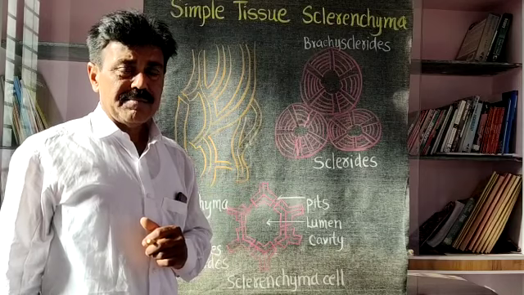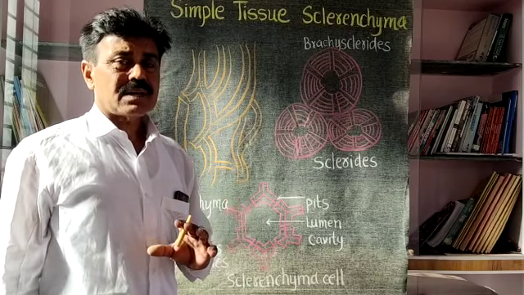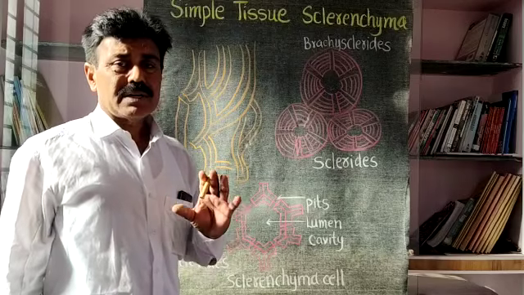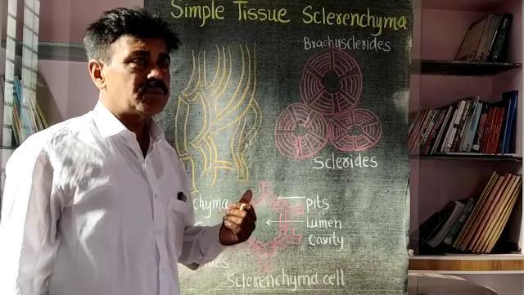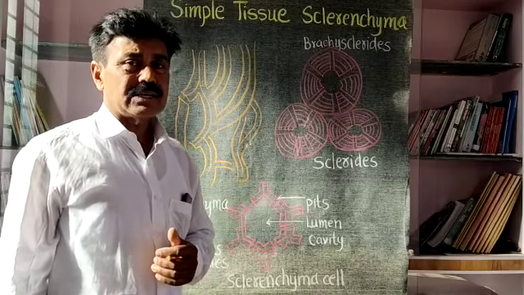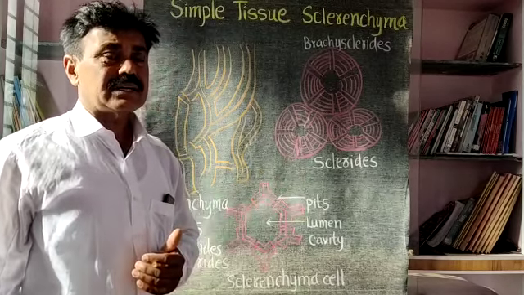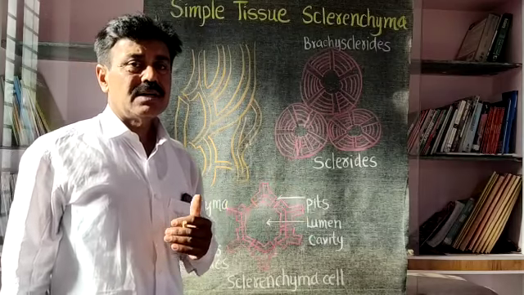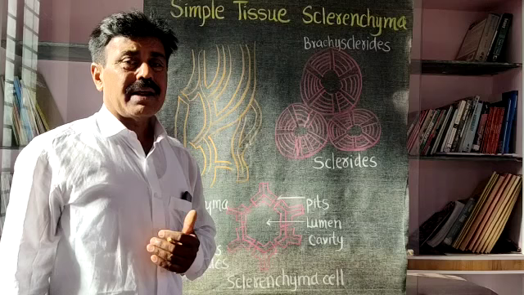The plant becomes hard, stout, straight and erect only due to the sclerenchyma along with the xylem tissue. Xylem is also a mechanical tissue, and along with the xylem, sclerenchyma is a simple mechanical tissue responsible for mechanical support in the plant body.